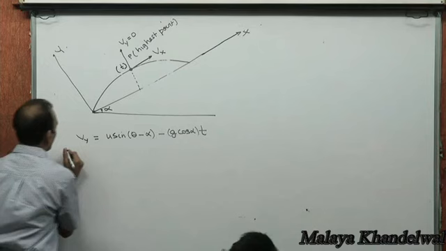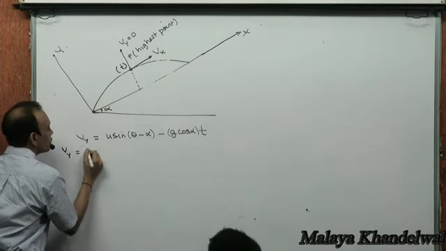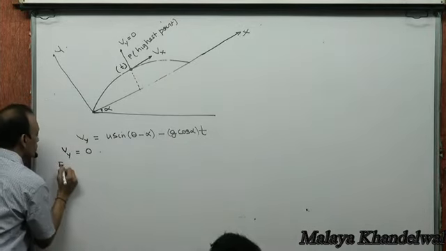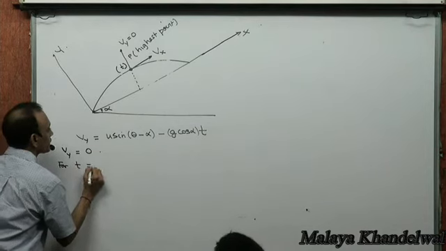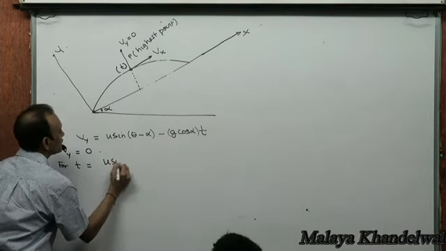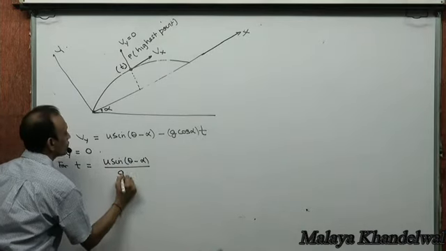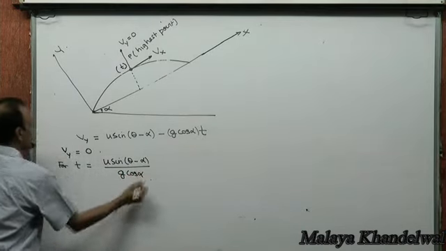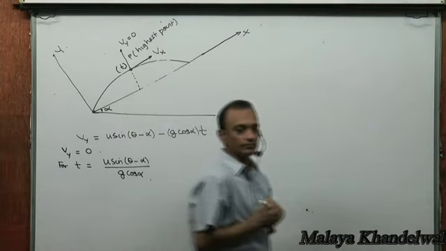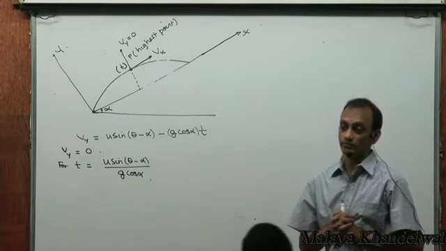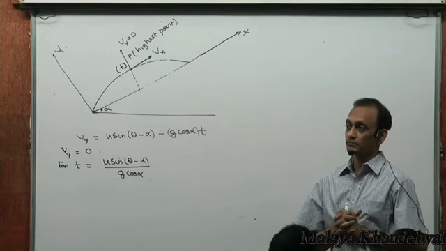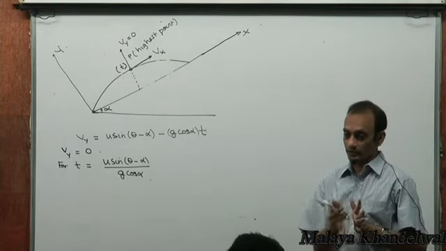Now Vy becomes 0 for t equals u sine theta minus alpha by g cos alpha. This is the time taken to reach the point P, right?